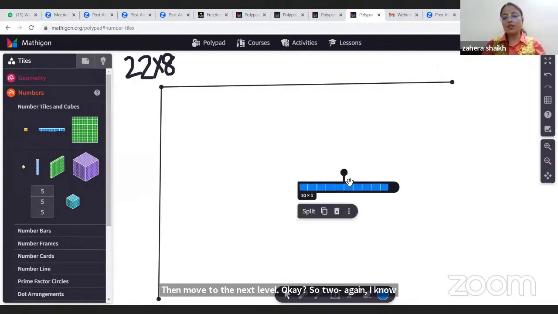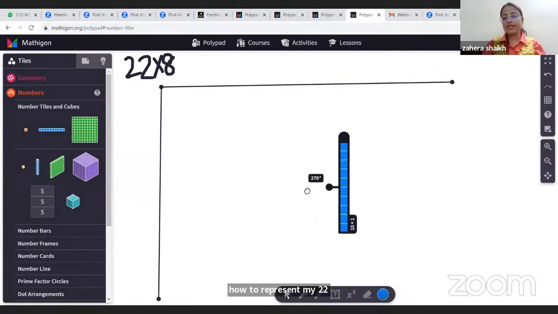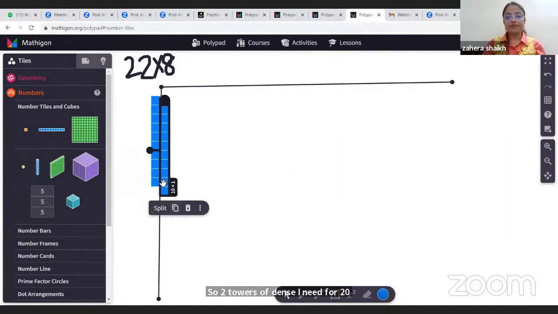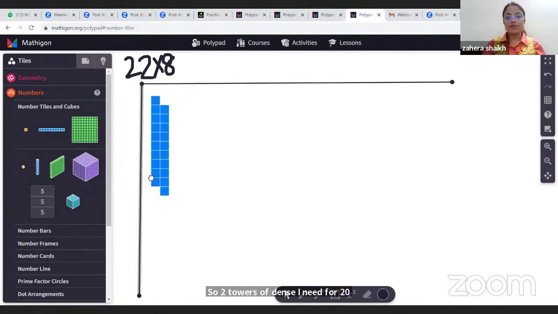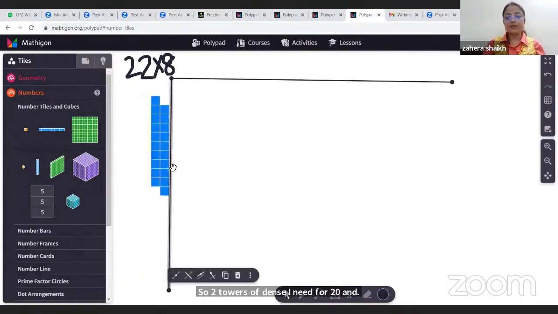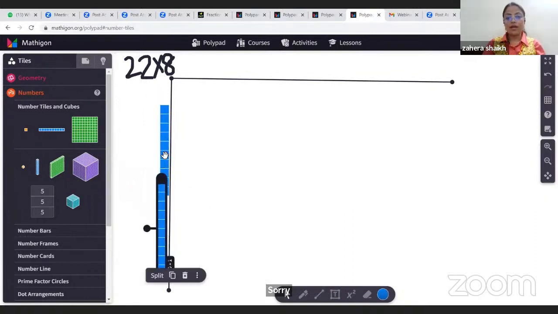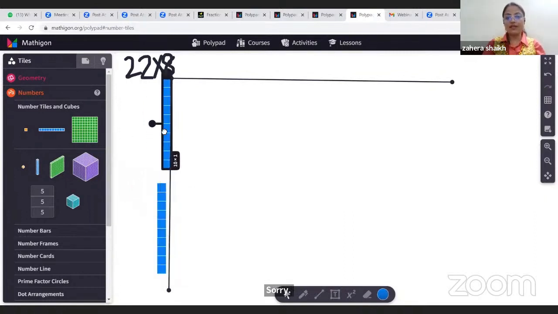So 2 towers of tens I need for 20, and sorry, I have to arrange vertically these numbers, right?